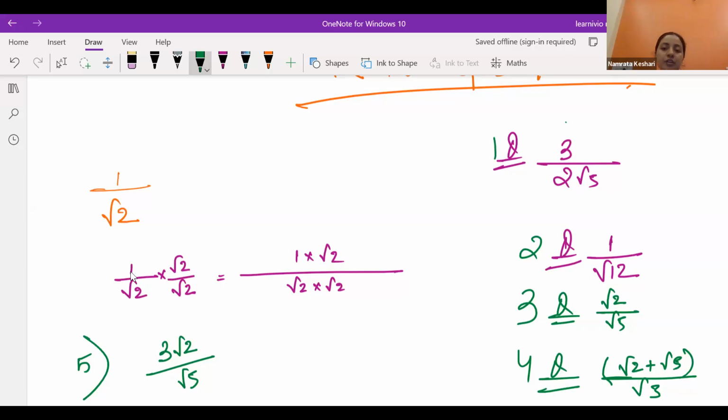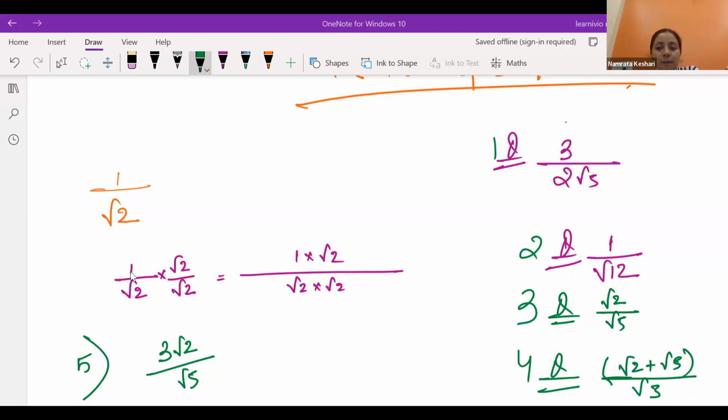Are you able to do it? The first one, what will be the answer? Please tell me. Yes, Farzuddin, are you able to do it? Yes, ma'am. Okay.